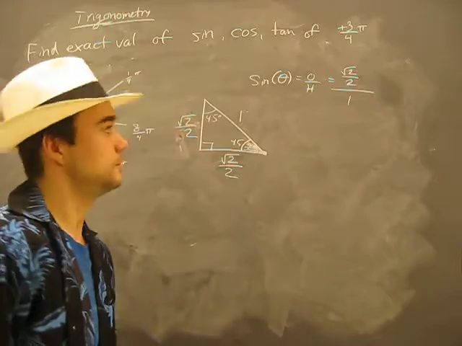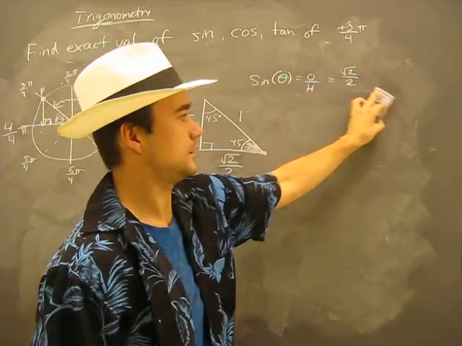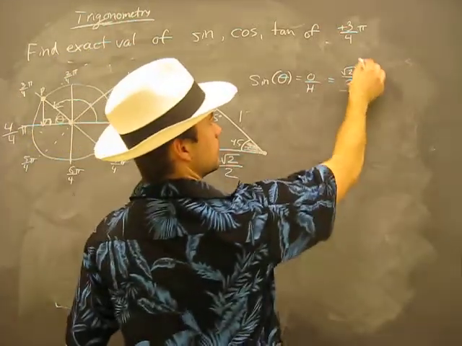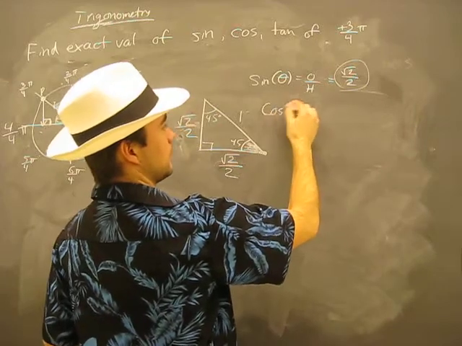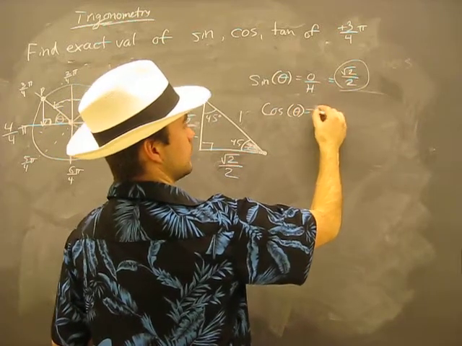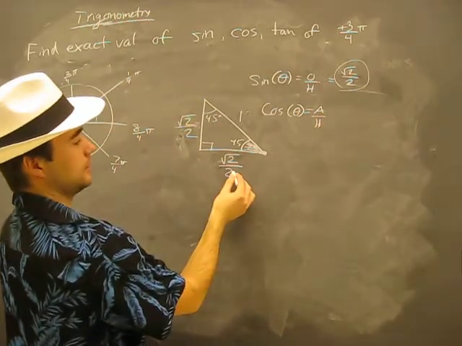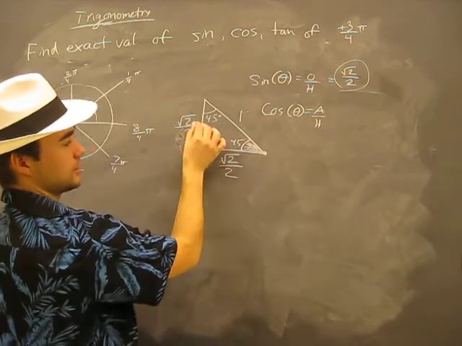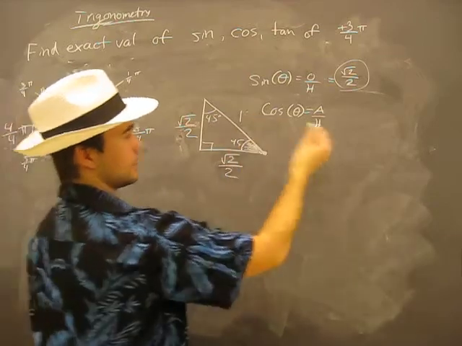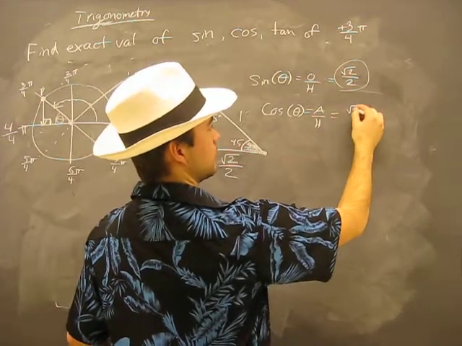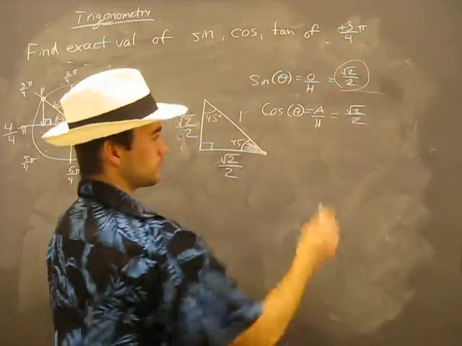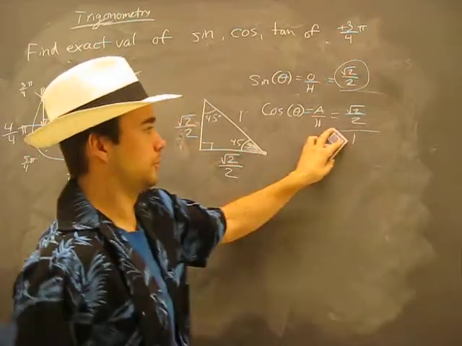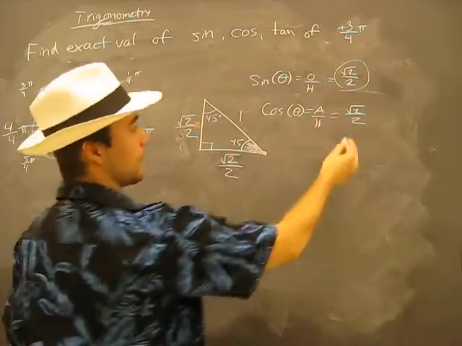Smart lazy math people, we don't have to say that it's divided by 1. This is sine of theta. Cosine of theta equals adjacent over hypotenuse. Well, sine was this over that, adjacent is this over that, so it'll be the same thing. Root 2 over 2 divided by 1. But we're smart, we don't have to write it in.